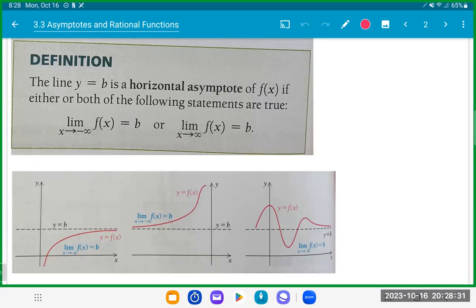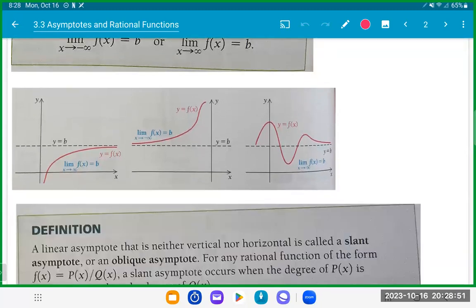And we can determine our horizontal asymptotes if we look at our limit as x approaches negative infinity or as x approaches infinity and we get a certain value. And so I've included those graphical representations here as well.